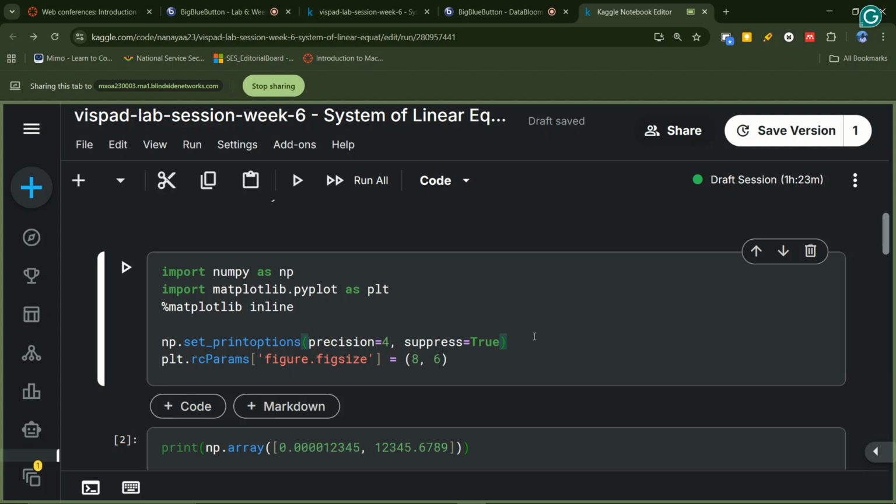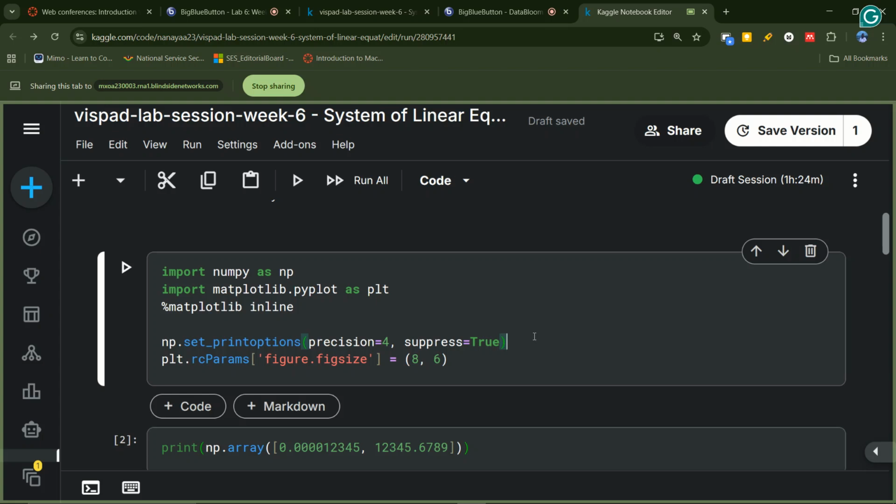So the np.set_printoptions, all those things. Precision equal to 4 says to show only 4 decimal places throughout your code. And suppress equal to True means do not use scientific notation.